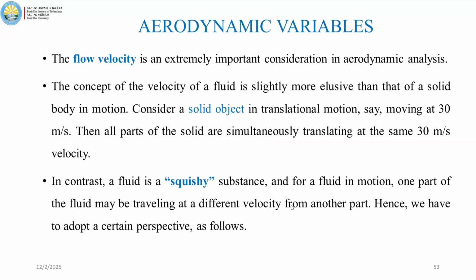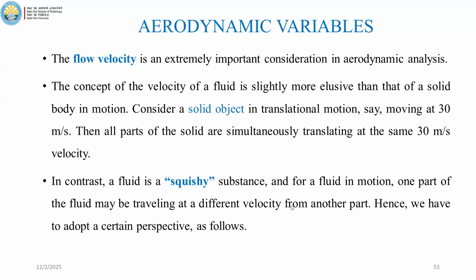Another is the flow velocity. Another variable is the flow property, which is an important consideration in aerodynamic analysis. The concept of flow velocity of a fluid is kind of elusive. It can vary from solid to liquid, liquid to gas.